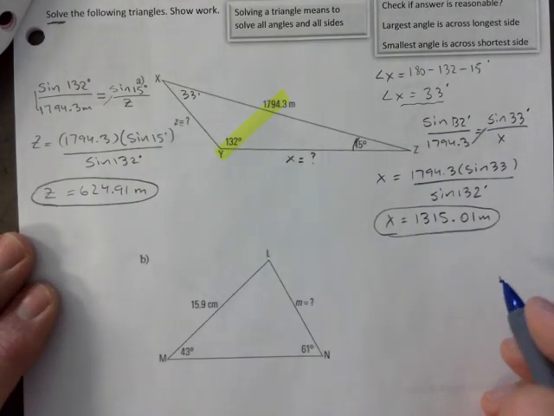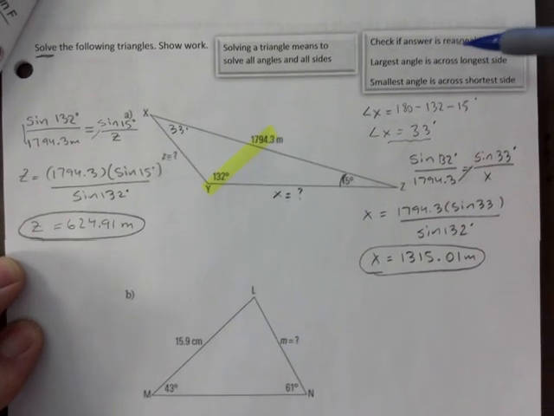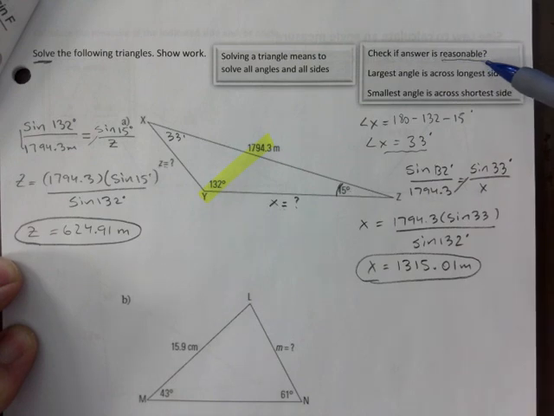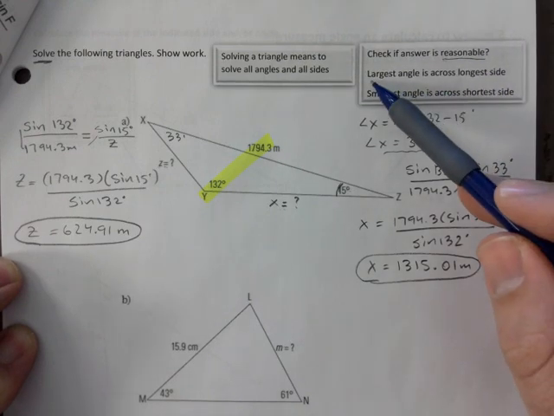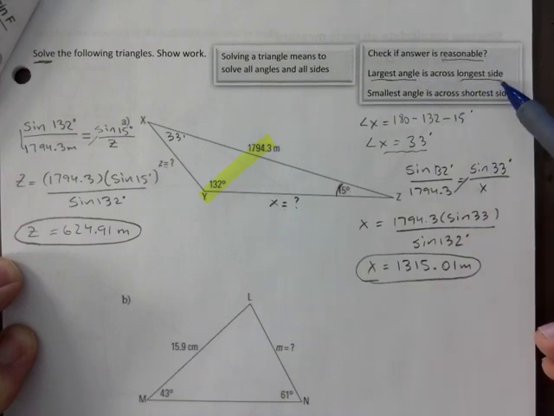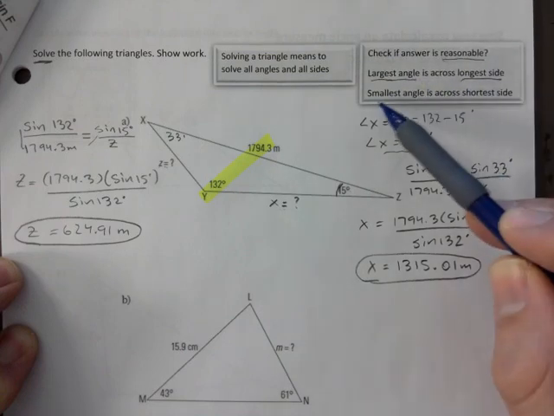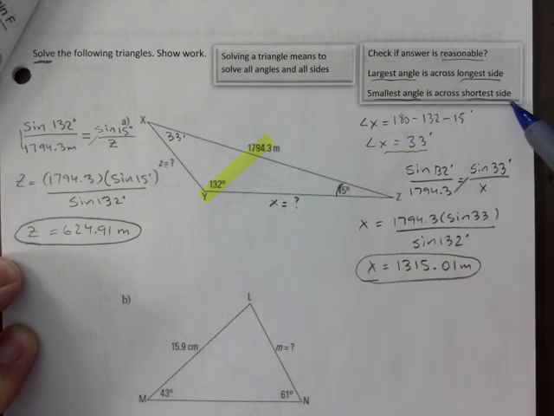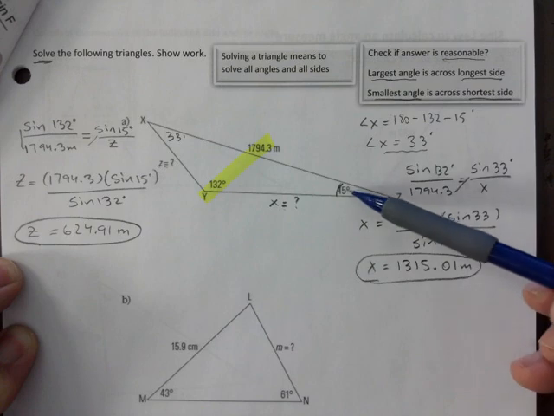Another thing I want you to check, look up here real quick. Please make sure your answer is reasonable. So I don't know if you remember this, but the largest angle is always across the longest side, always. Okay, and the smallest angle is across the shortest side. Right? So if you do your work, this is the smallest angle, it's 15 degrees.